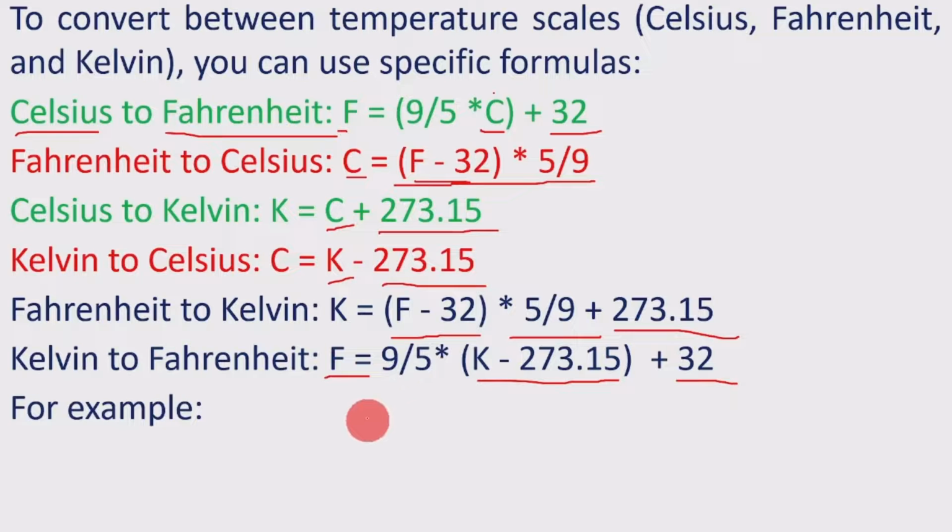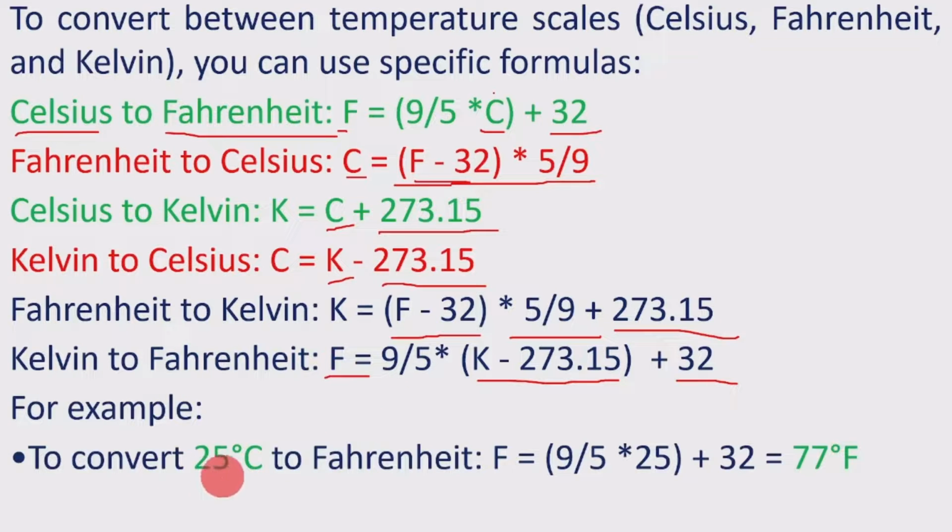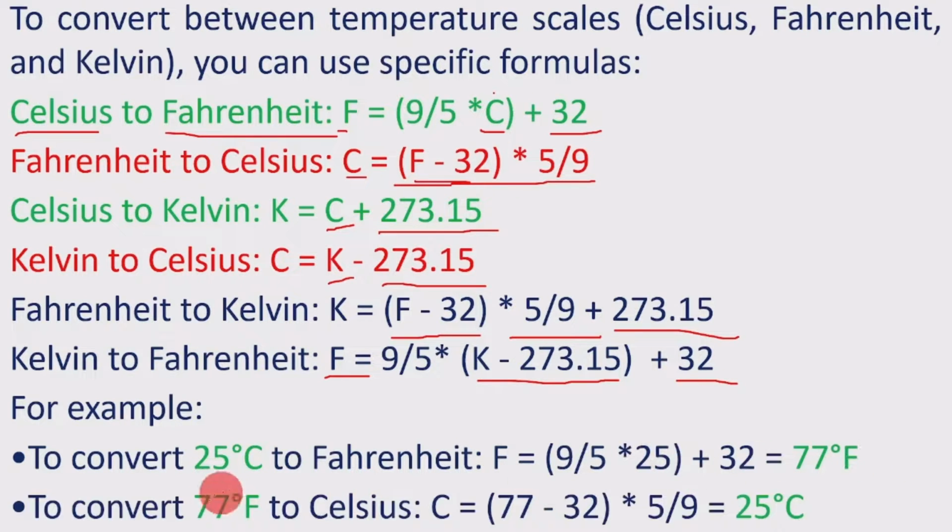Here we will take some examples. To convert 25 degrees Celsius to Fahrenheit, F is given by 9 by 5 multiplied by 25 degree Celsius, plus 32, and we get 77 degree Fahrenheit. Then to convert 77 degree Fahrenheit to Celsius, C equals F minus 32, where F is 77, into 5 by 9.